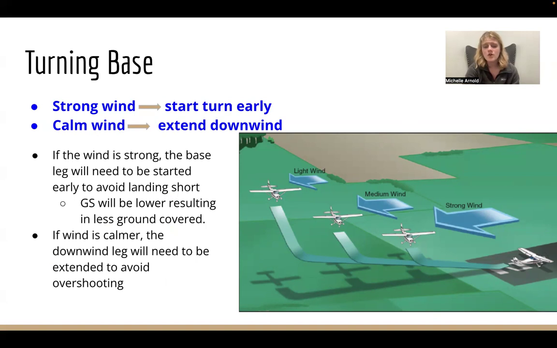A strong wind would be anywhere from, I would say, 10 to 20 knots. Anything above like 12 would probably be a relatively strong wind. You're going to want to turn earlier. Medium, about 10. If it's calm, like below 5, you'll want to extend your downwind to avoid overshooting.